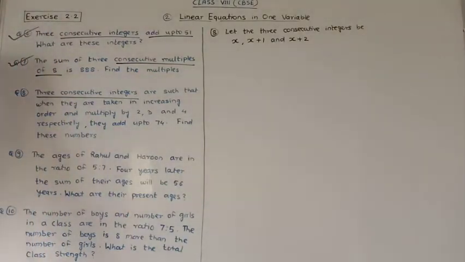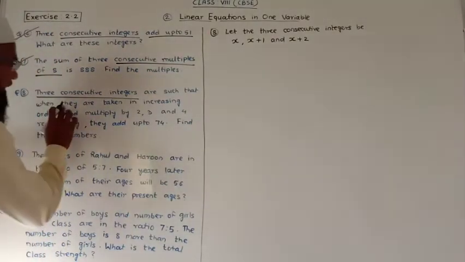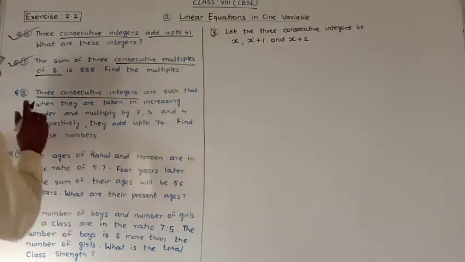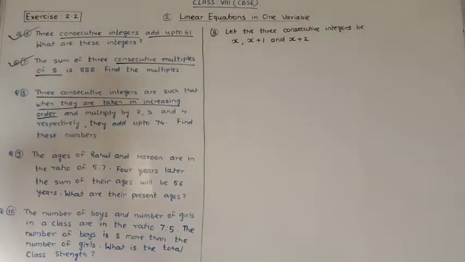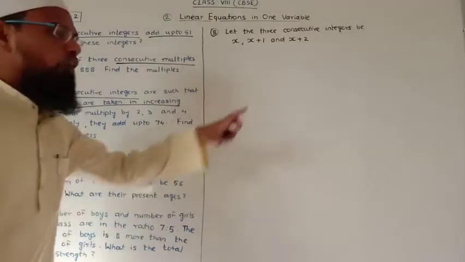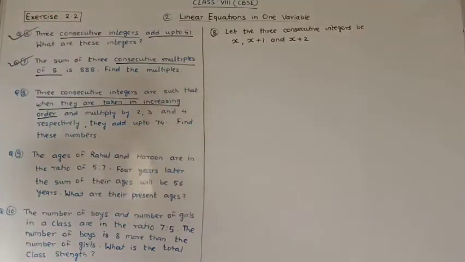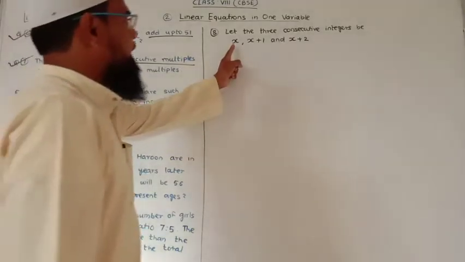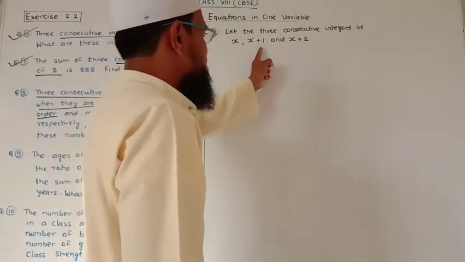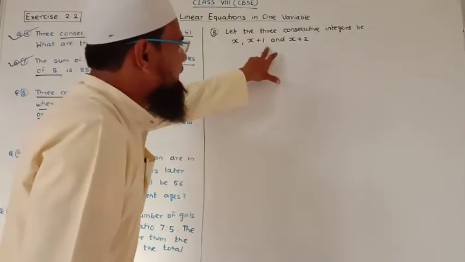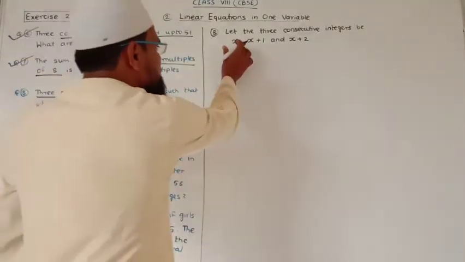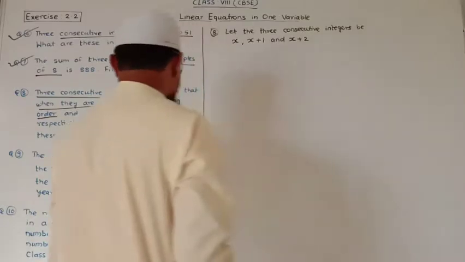So now when they are taken in increasing order, what is the increasing order? Increasing order means smallest to greatest, means ascending order. This is x, x plus 1 and x plus 2. This is the ascending order, means smallest to greatest.